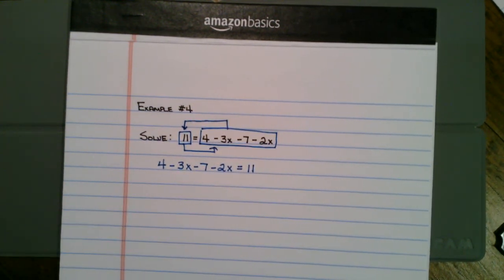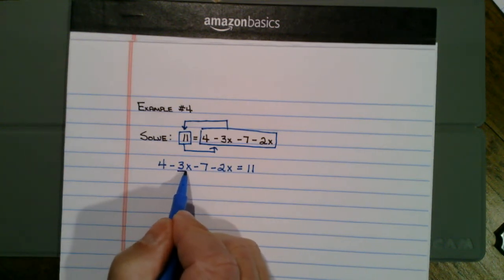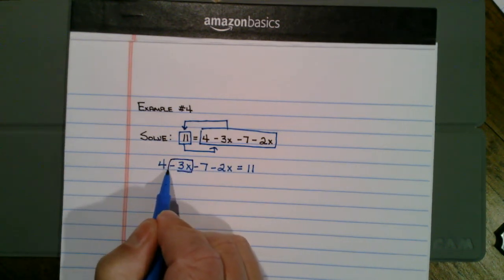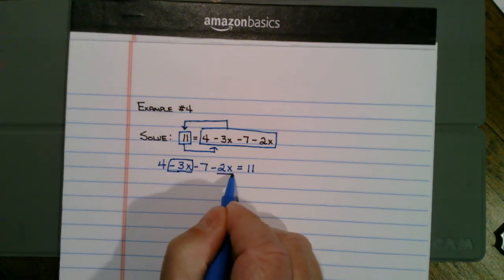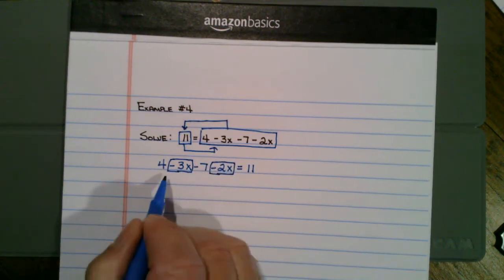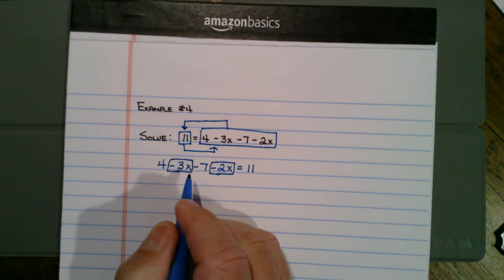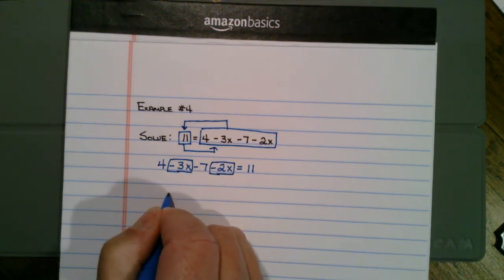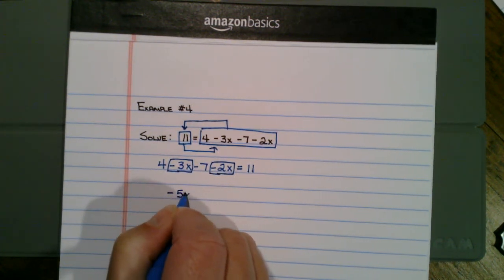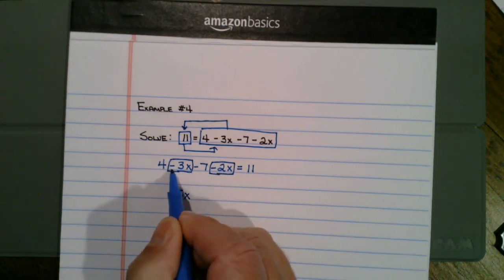I need to start combining like terms. I'm going to combine these x's together. A negative 3x and a negative 2x. The signs are the same. I add them together, keep the sign. So when I do that, I get negative 5x when I combine my x's together.